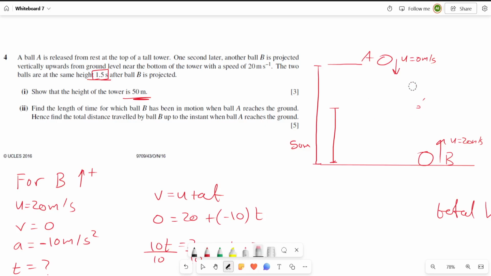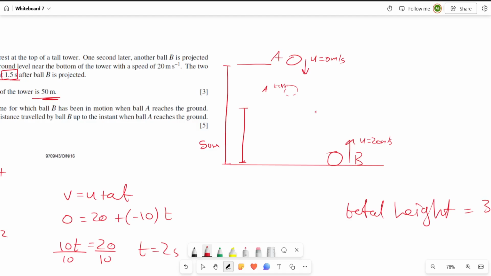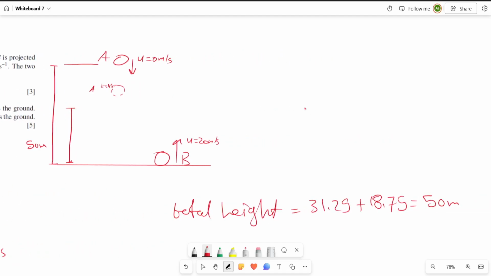What happened was A was released, A is moving down, and then after 1 second, A is here. Now, after 1 second has passed for A, B started to move. So B started to move 1 second later than A. Now, the question tells me, until A reaches the floor, what's the total amount of time that B was in motion? So first of all, it's very useful for me to find the time it took for A to reach from the top of the tower to the ground.